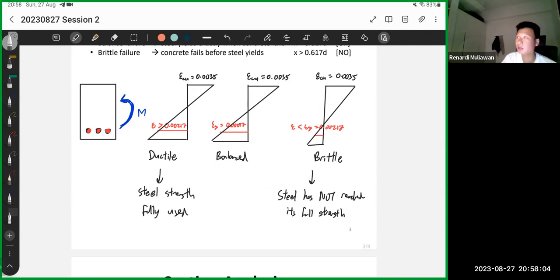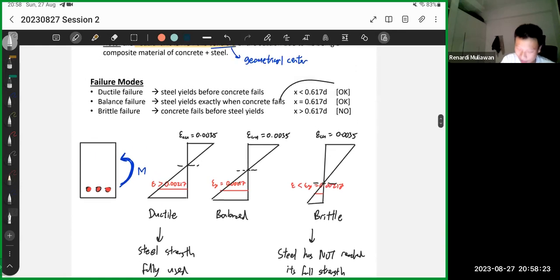Second thing is, if you notice the position of the neutral axis, for ductile failure the neutral axis is usually higher, balance is a bit lower, and brittle is very low. And that's where this comes in. For ductile failure, x is less than 0.617d. Through similar triangles, you can check this out.